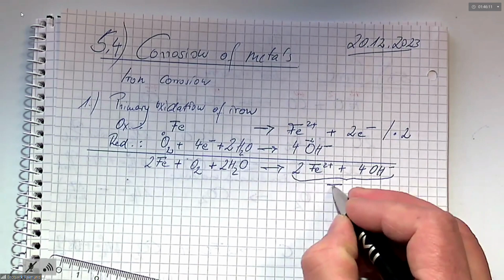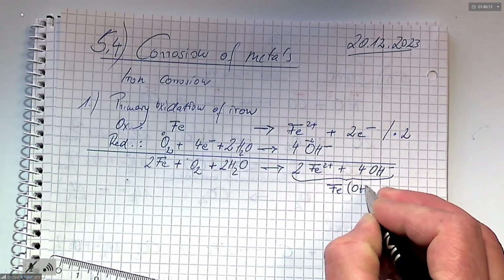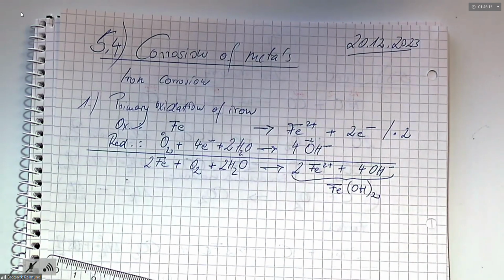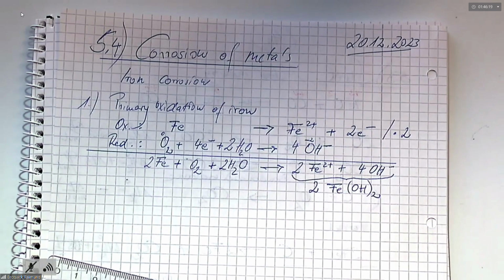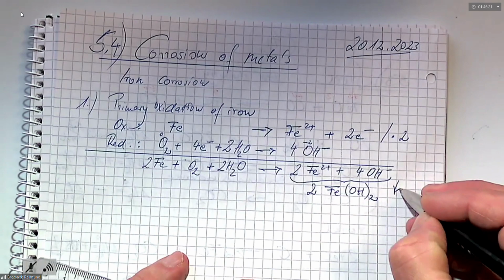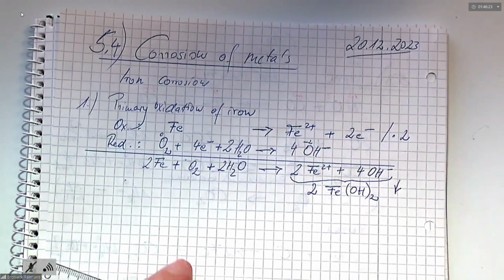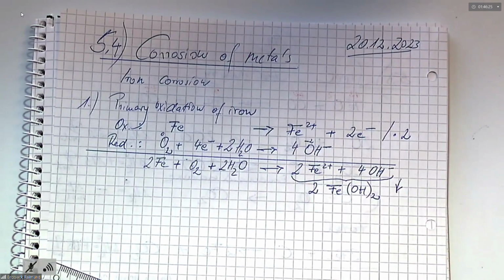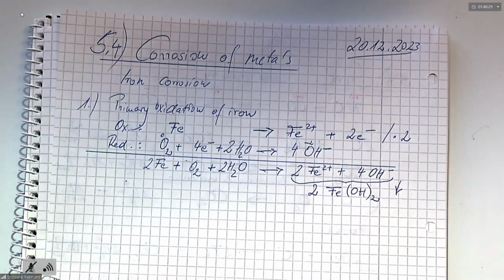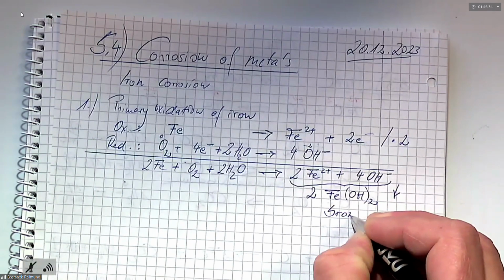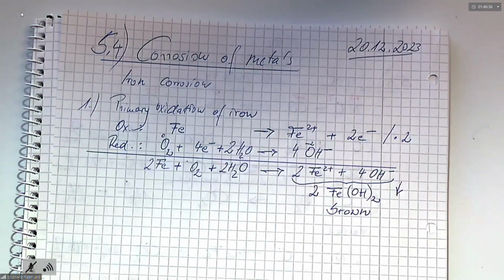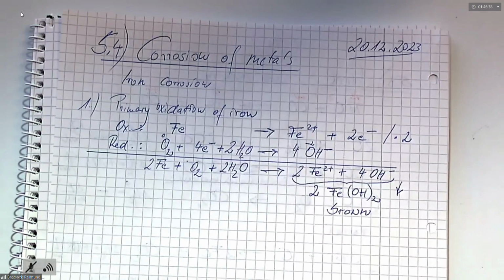That is the iron hydroxide. We have 2 of them. And this is precipitation, or you see it on top of the iron outside, the brown particles. That's the brown iron(II) hydroxide.